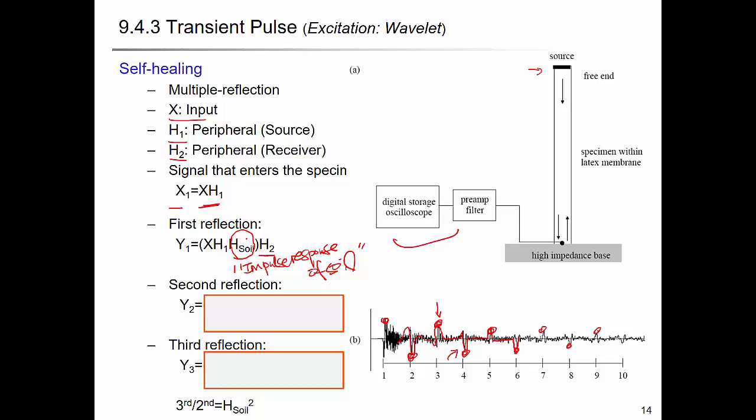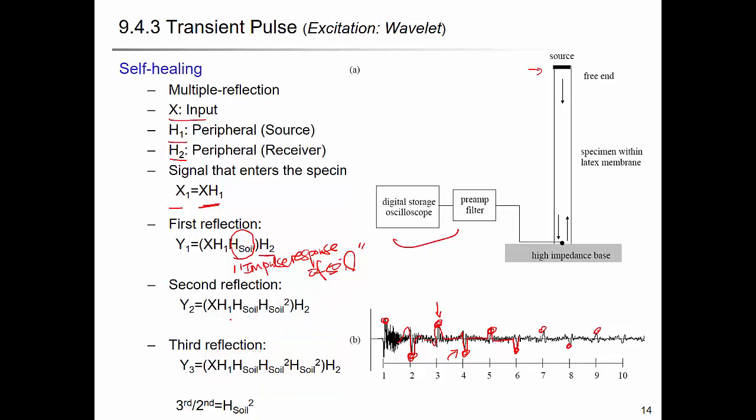And from the second reflection, because the wave will go back and forth by 2L, you multiply by another H soil square, and for the third reflection, again you multiply by another H soil square.